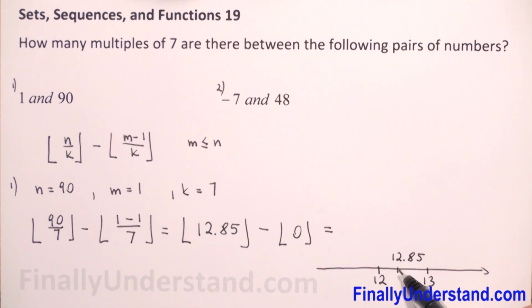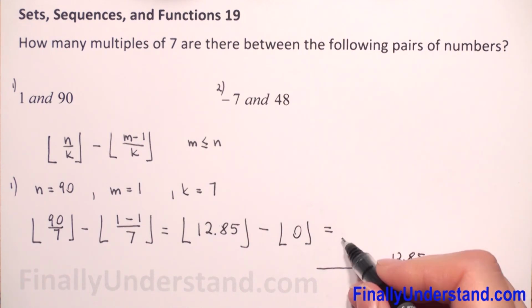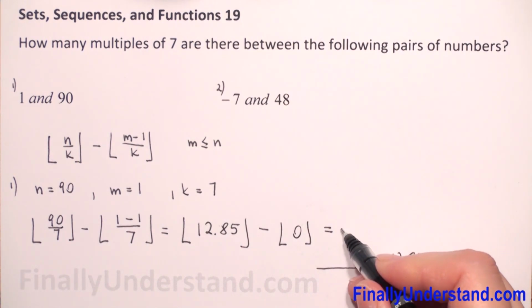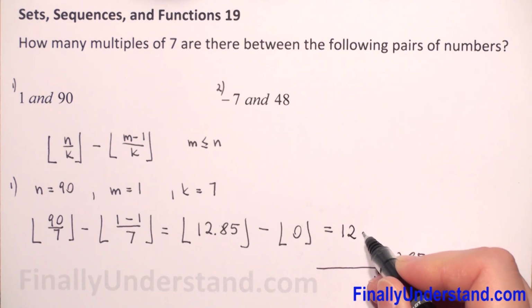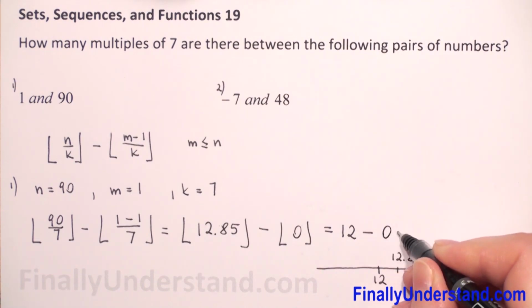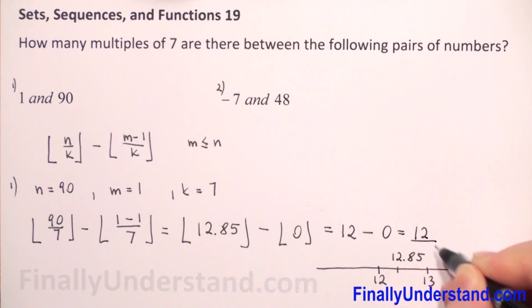And the largest integer less than this number is 12. The largest integer that is less than a number is always on the left side of this number. So this is 12. Minus floor of 0, because 0 is an integer, it is the same number, so we have 0. So this is equal to 12.